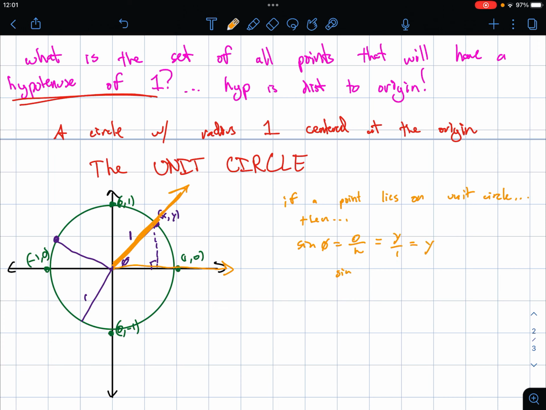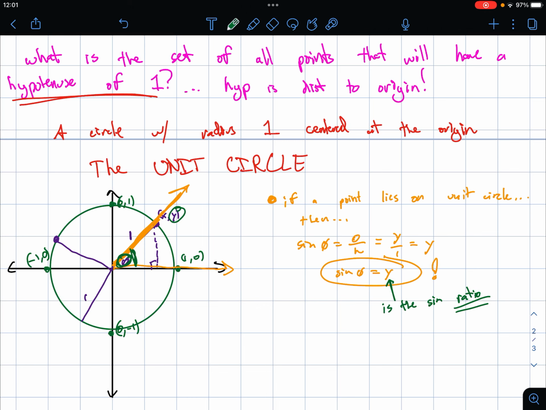So sine of theta equals y if a point lies on the unit circle. Very important. And then similarly, cosine of theta would be equal to x, and so on. What's so important about that is this y, this is the sine ratio. That y coordinate, that right there, represents the sine ratio for this angle.